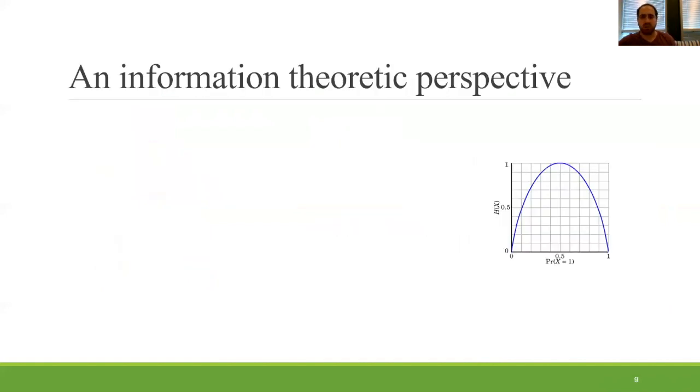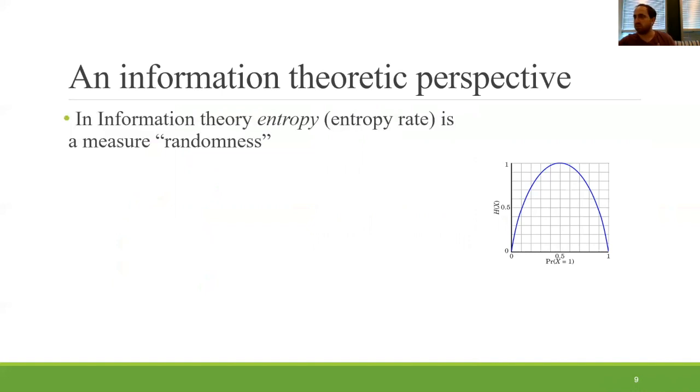In our paper, we take an information theoretic perspective. That is, we use tools from information theory to measure structure. The first tool is called entropy or entropy rate, which is known as a measure of randomness of an information source. The lower the entropy, the more predictable the information source is going to be, or in our case, the network traffic is going to be more predictable.